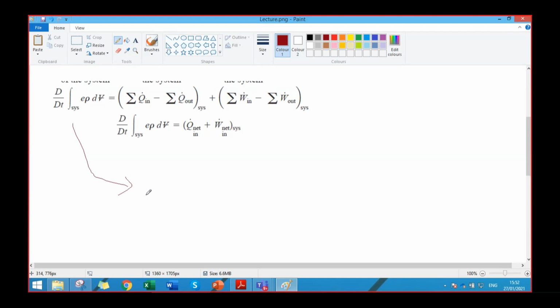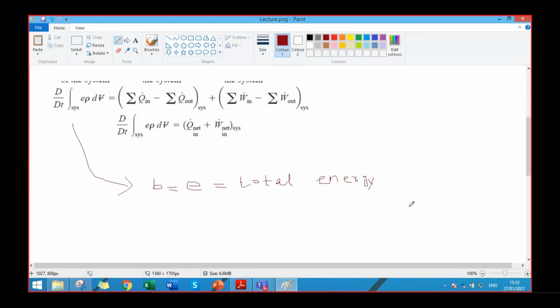What we are assuming is that small e is basically the total energy. What is total energy? Sir, sum of all kinds of energy, sir: potential, kinetic, internal. From a thermodynamics perspective, what is total energy?